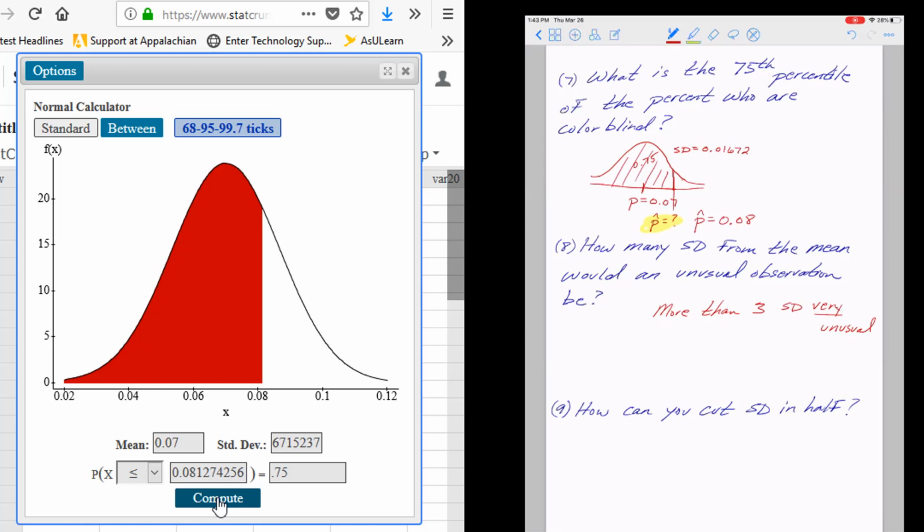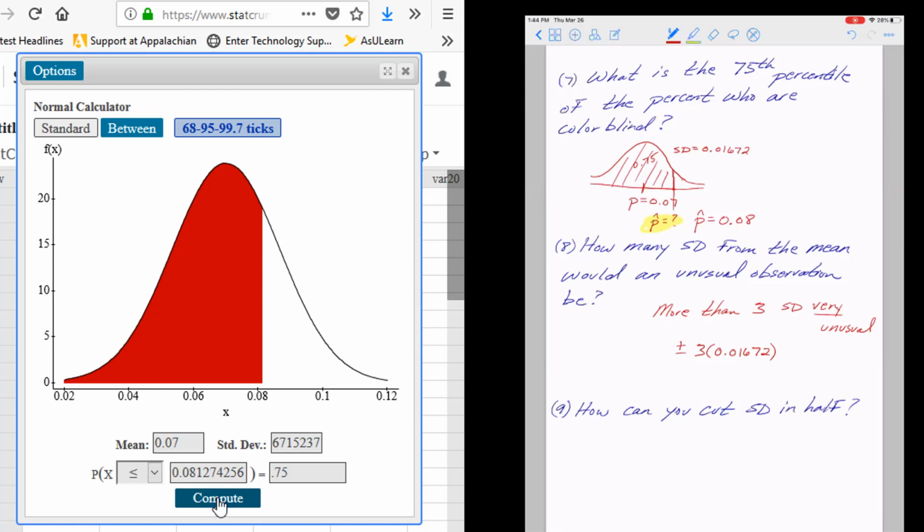Let's take our little decimal here, 0.01672 multiplied by 3. If you add and subtract this number to the center one, to that 7%, you'll know the cutoff points for what would be unusual. So let's do it. Let's add and subtract 3 standard deviations to that 7% and see what we get.